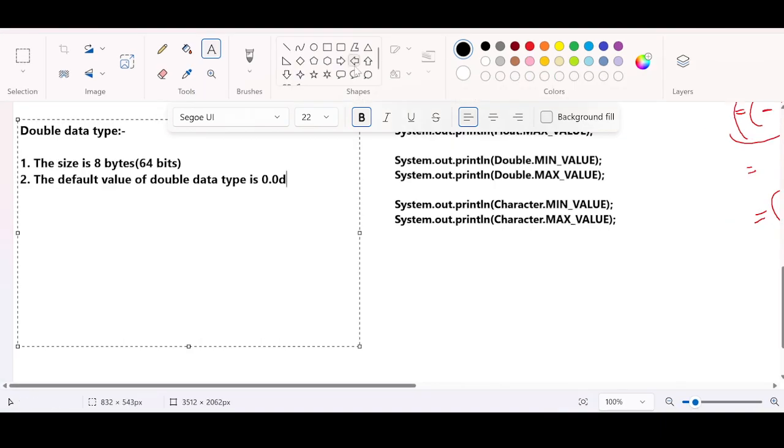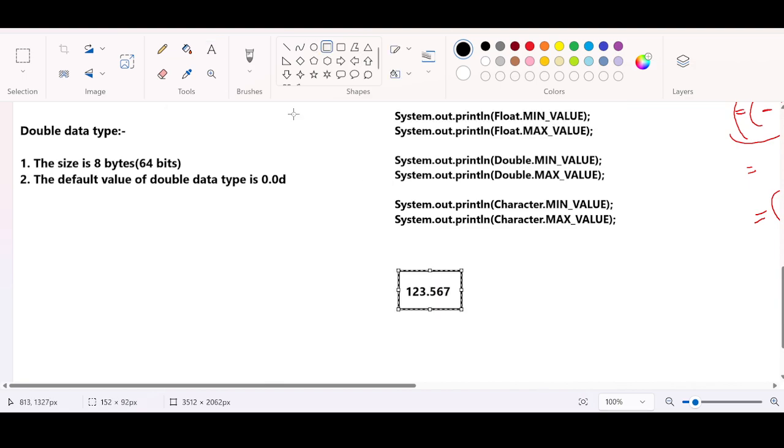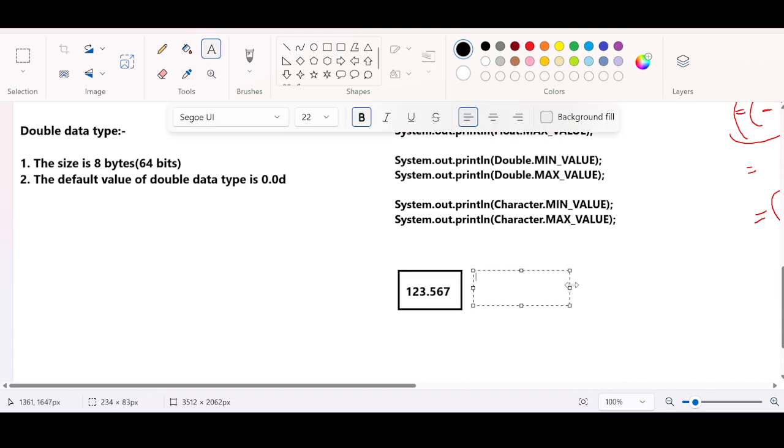If you want to store any number like 123.567, any floating point number, Java will consider all numbers with a fractional part as double. But when you want to make a differentiation that this is not a double, then you suffix the value with f.